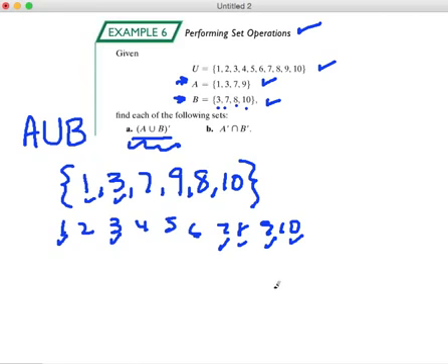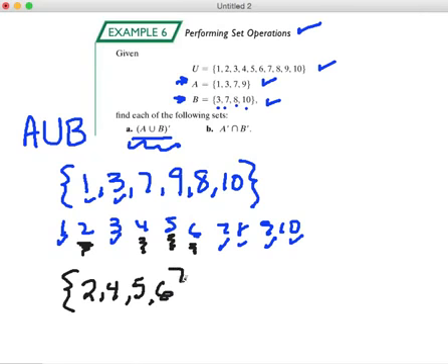What did I not check off? I didn't check off the 2, the 4, the 5, the 6. So the final answer will give me 2, 4, 5, 6. Okay, so that's the answer for part A.